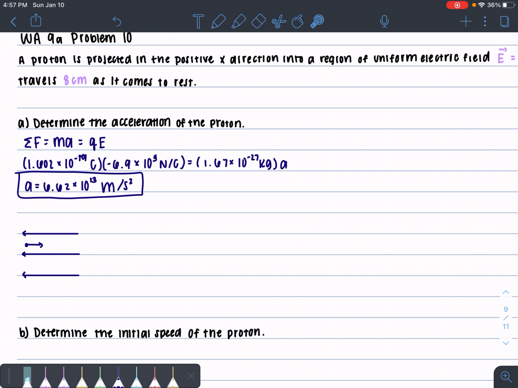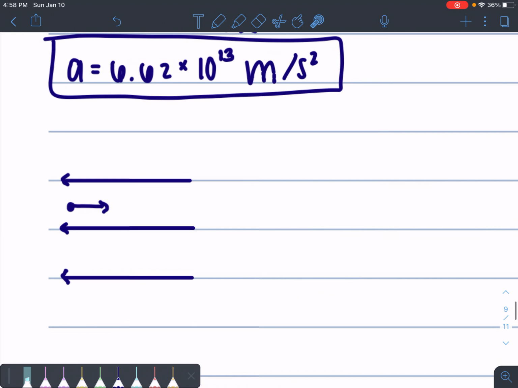So we know that electric field lines point towards negative charges. So if there's a negative charge somewhere over here and the proton is going this way, it's going to be attracted to that negative charge.